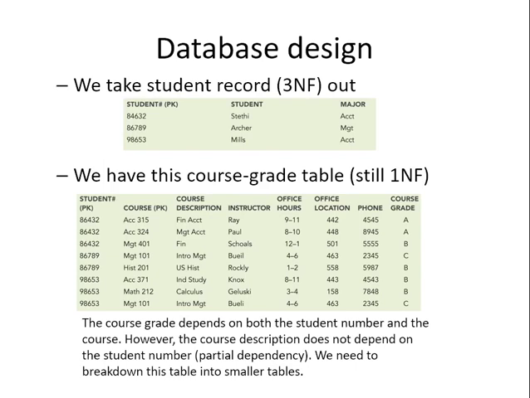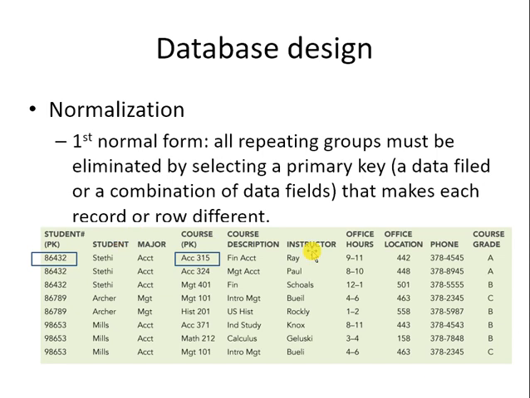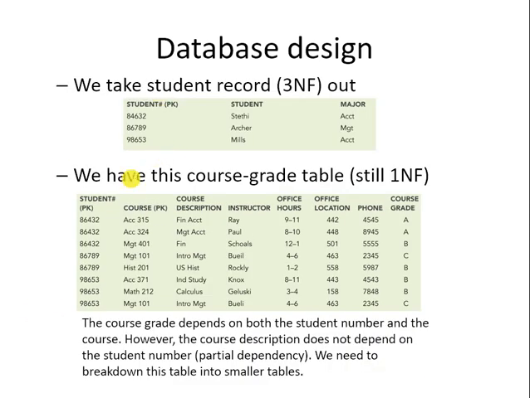From the beginning big table, we first separate it into two. We have the student record table, now with student number, name, and their major. This looks great now. And we call this third normal form, which means we can no longer break it.